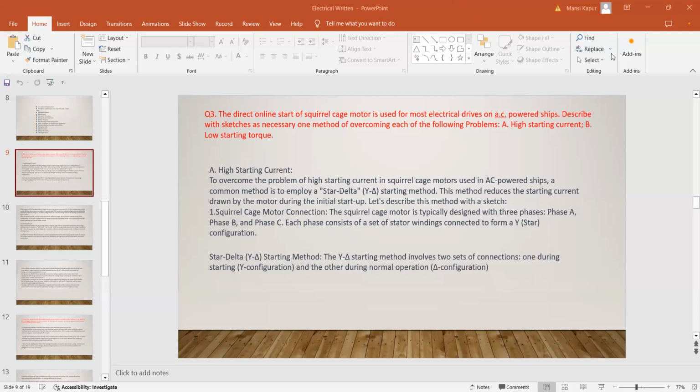Okay. To overcome the problem of high starting current in the squirrel cage motor on an AC power ship, a common method is star delta. I hope all of us are aware of what is star delta.